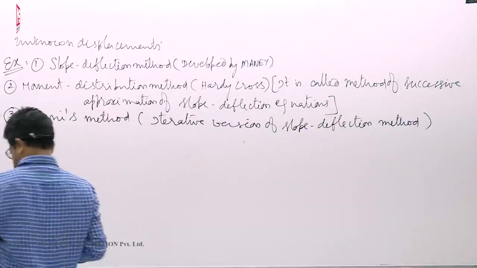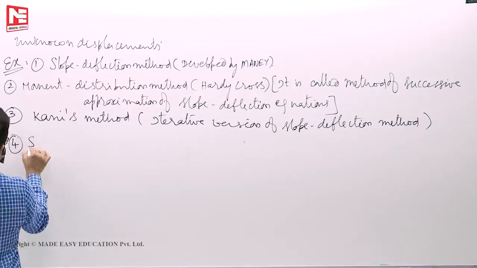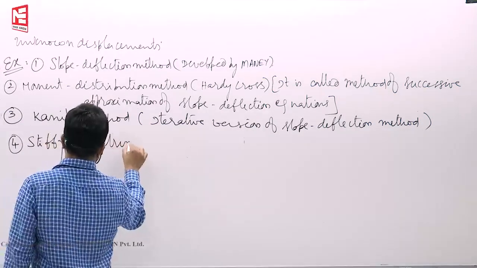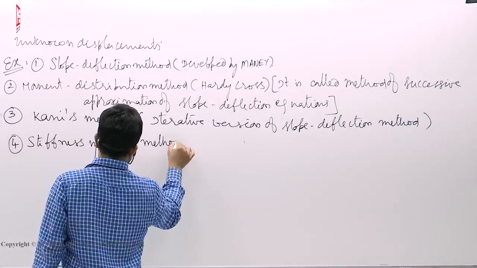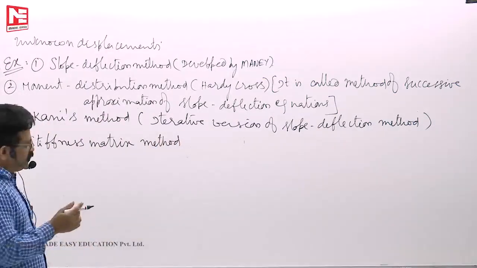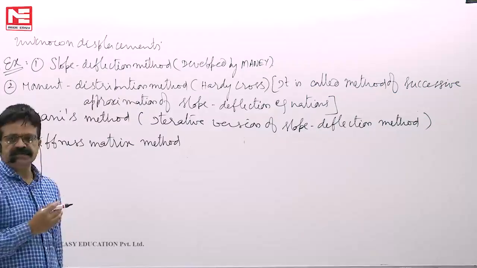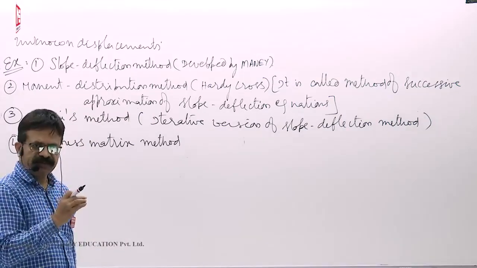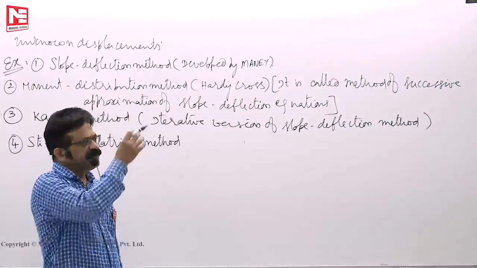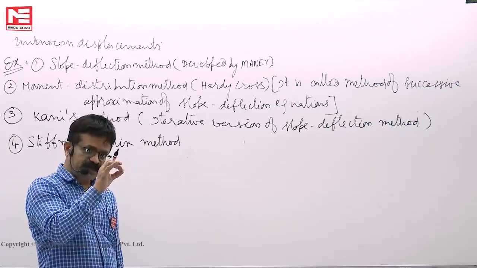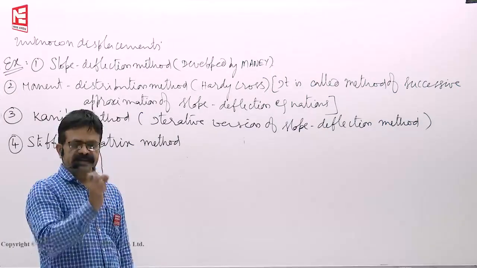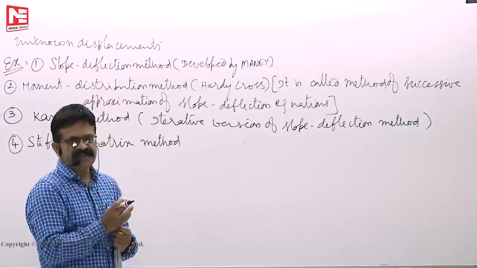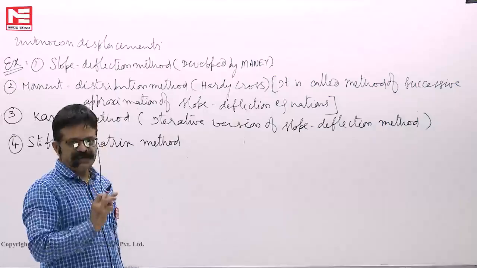Then you have the stiffness matrix method. The stiffness method comes from Castigliano's theorem 1. It is an energy method, taken from Castigliano's theorem 1, that is, an energy theorem. By differentiating the strain energy with respect to displacements, not forces, you will get the forces. Then accordingly, stiffness coefficients are developed and you write them in matrix form.